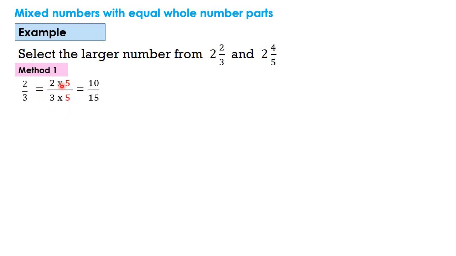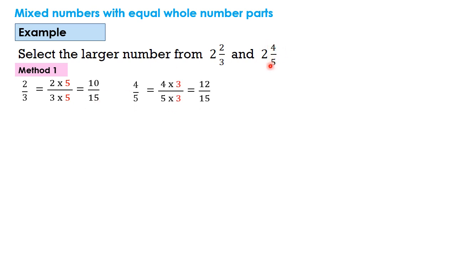Method 1. Let's consider the fractional parts 2/3 and 4/5, denominator 3, denominator 5. We learned in the earlier example, when two different numbers are there, we should go for the LCM. The LCM of 3 and 5 is 15. So let's write the equivalent fraction for 2/3 in fifteenths. That is 10/15.